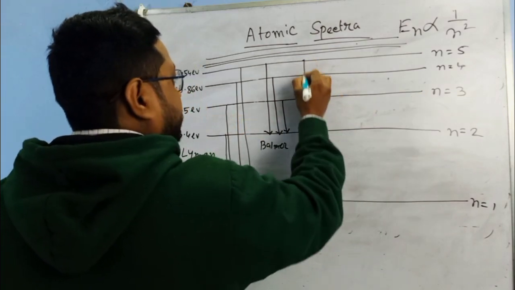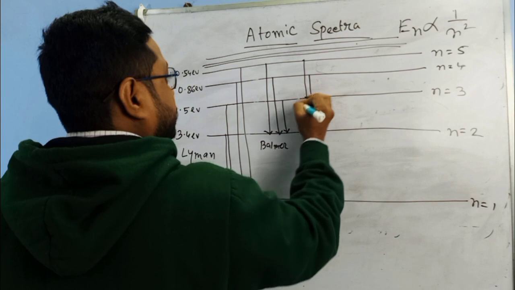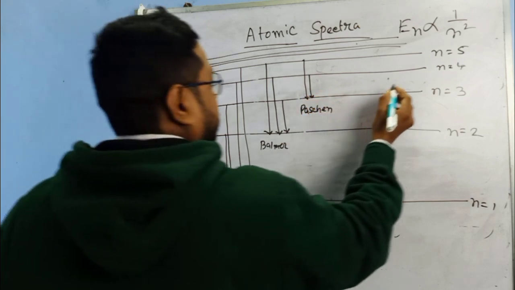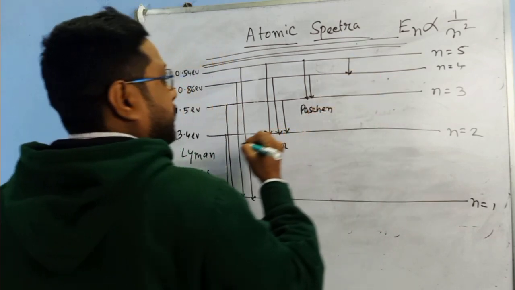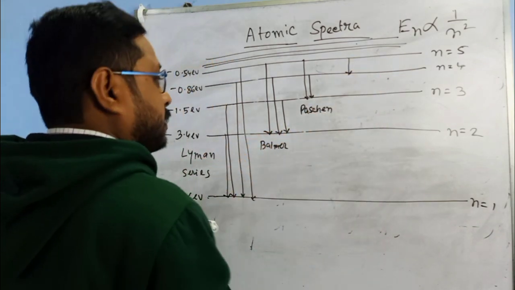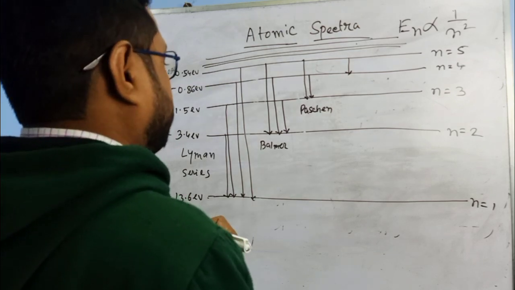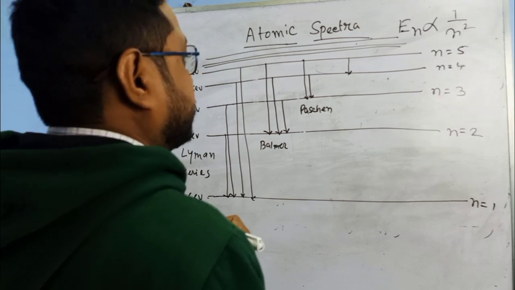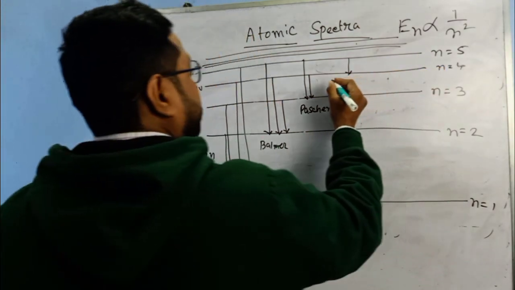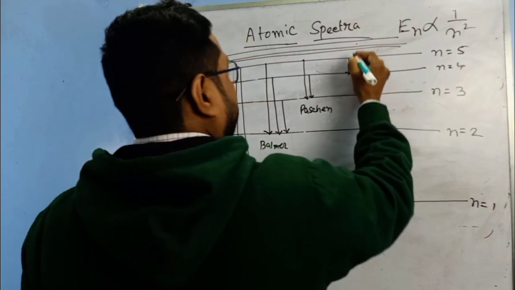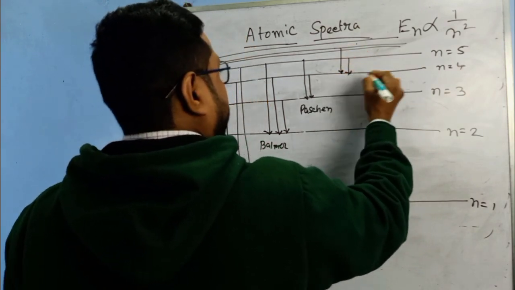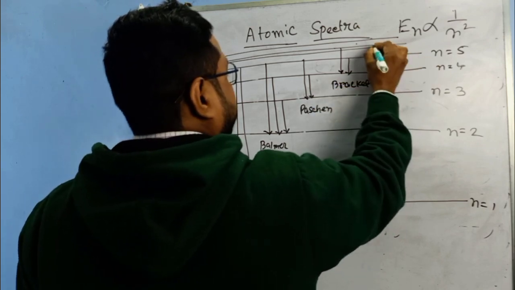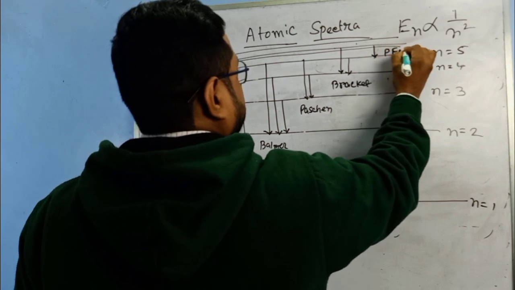So n equal to 5 coming to 3, 4 coming to 3, this is called Paschen series. Okay. If it comes to 4 from 5 and from upper levels too, this is called Brackett series, and if from upper level it comes to 5, it is called Pfund series.